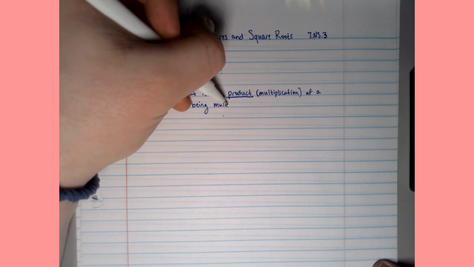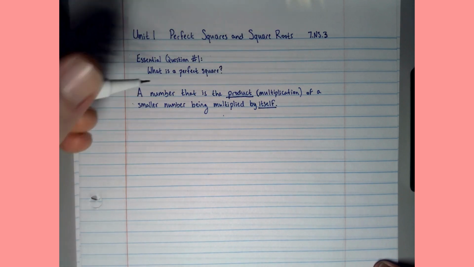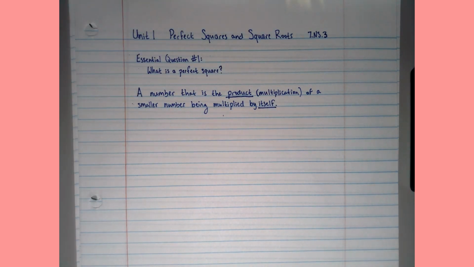So when you think of perfect squares, you should think of multiplication, even though it's not just basic multiplication. It's a very particular type. So one more time, a number that is the product of a smaller number being multiplied by itself.